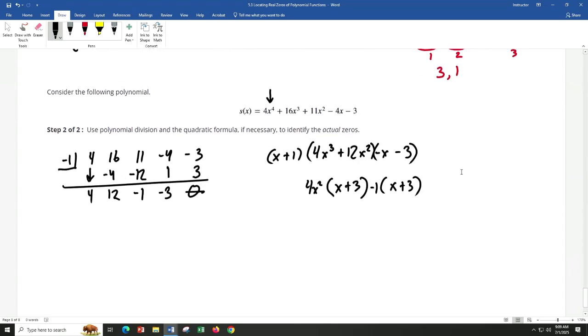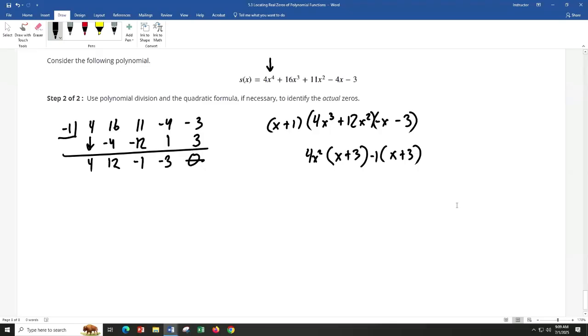So then I got to rewrite everything. So notice, let's look carefully here and realize I have x plus 1, x plus 3, and then I have this 4x squared minus 1. What does that look like to you?